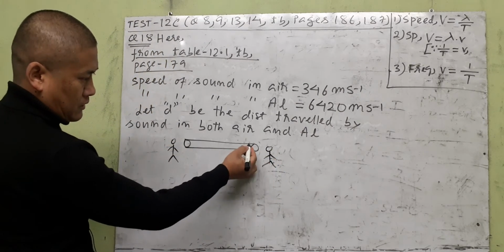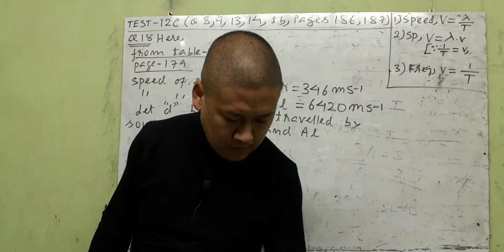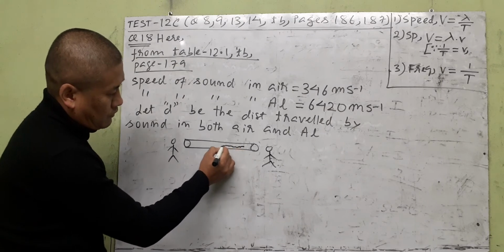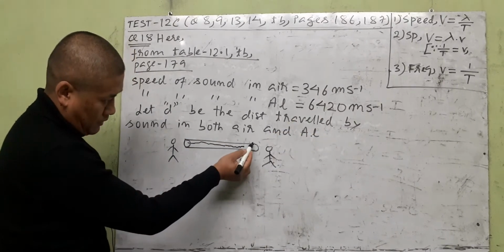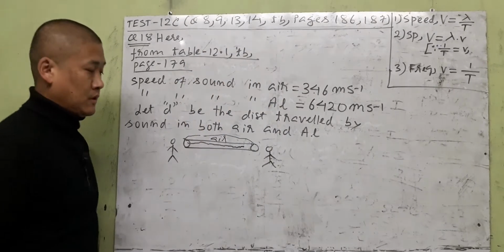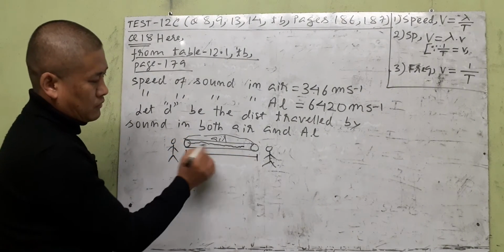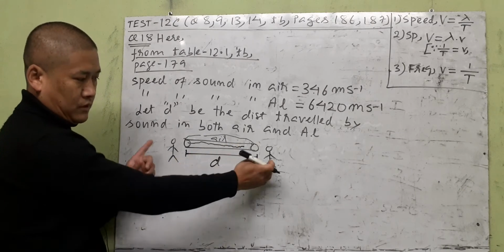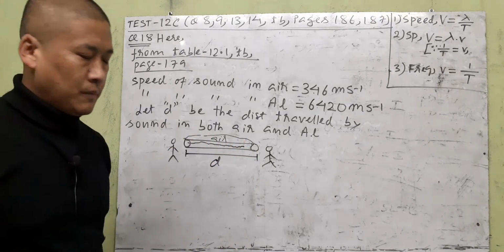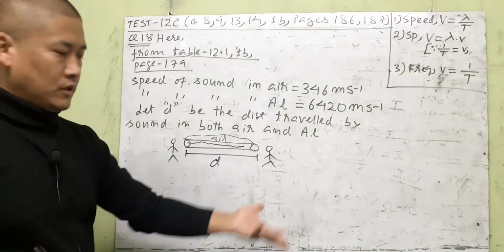This child strikes this rod end part with a stone, right? Then the sound that is produced will be traveling through this rod at this speed, and the same sound would also be traveling through the air at this much slower speed. So the distance that the sound has to travel through aluminium and air would be the same, right? Because the gap distance between these two children is the same. The aluminium is the gap between them. That's why we're putting d as the distance traveled by both air and aluminium to be the same, which is d.